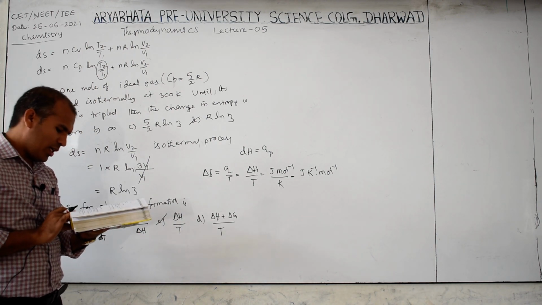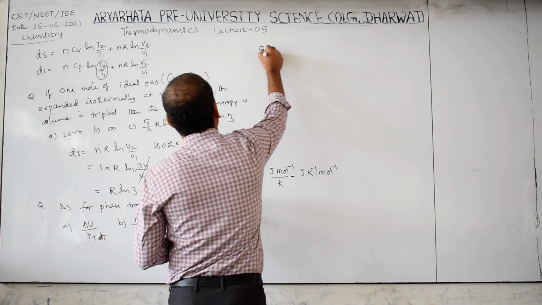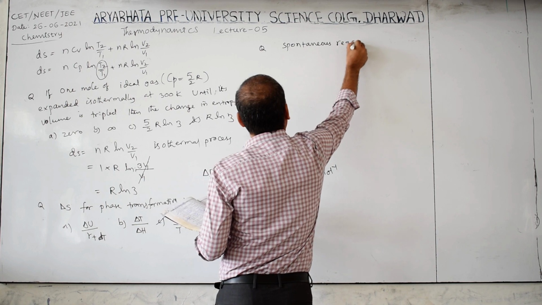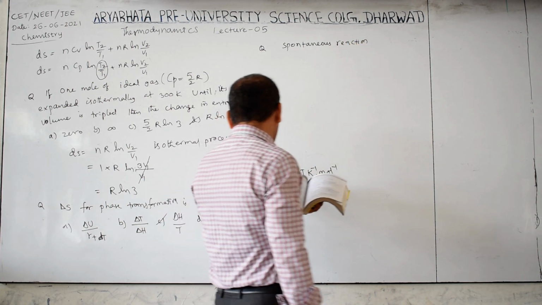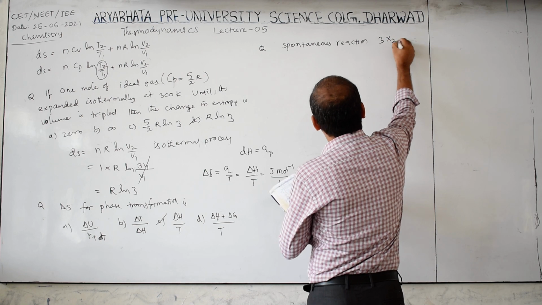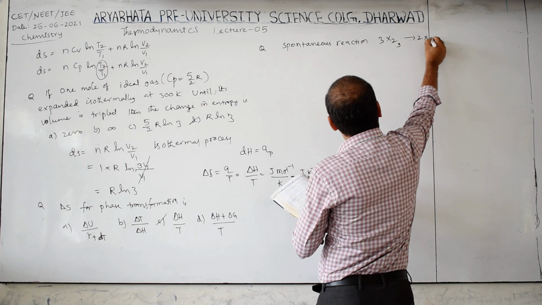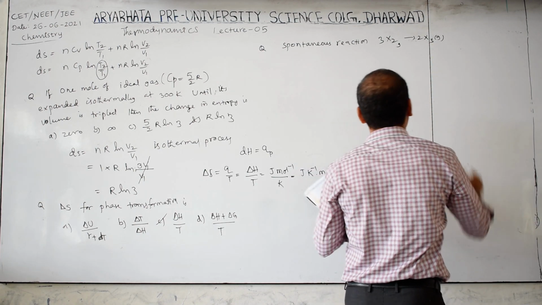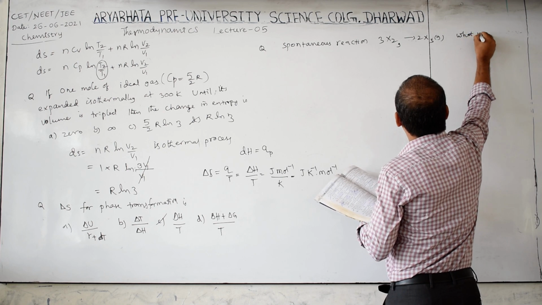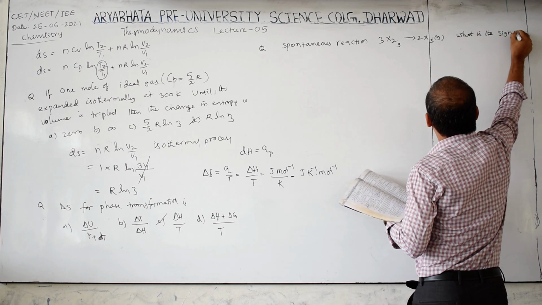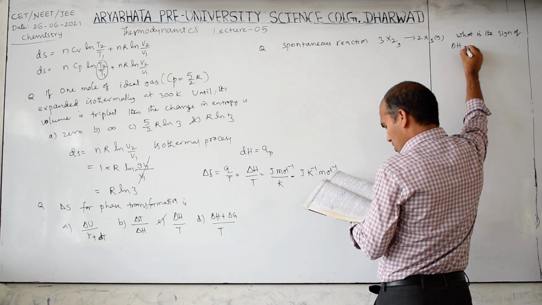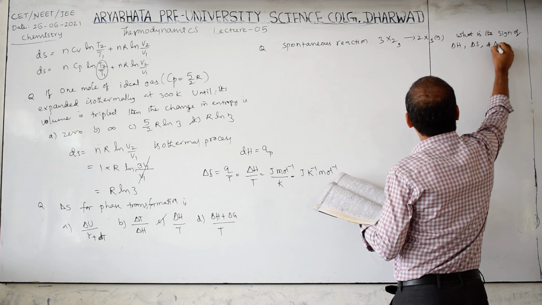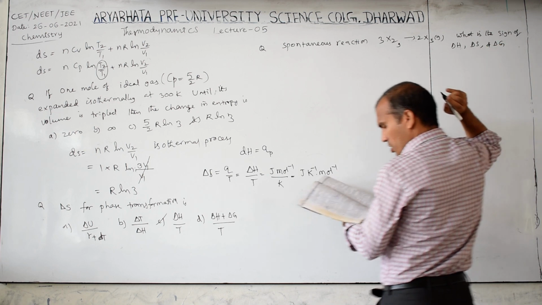Consider the following spontaneous reaction. The next question is about a spontaneous reaction. Here the reaction is given: 3X2 gas gives rise to 2X3 gas. What is the sign of delta H, delta S and delta G for this reaction?